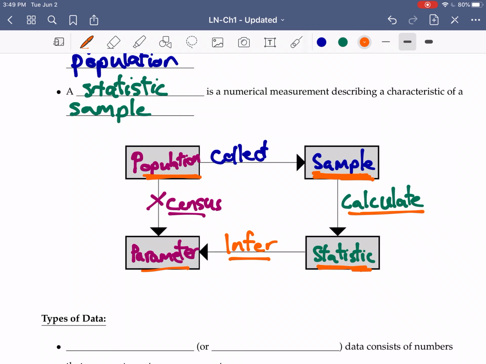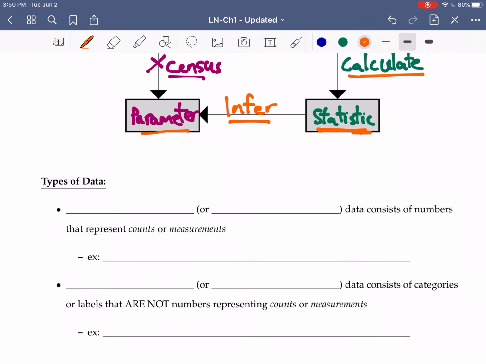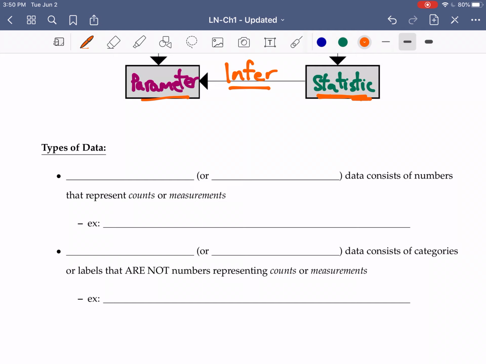All right. So we have a statistic and a parameter that we might be interested in. When we're collecting data in order to eventually come up with statistics or parameters, we have some different types of data that we might collect. We have two different types of data that we will talk about.